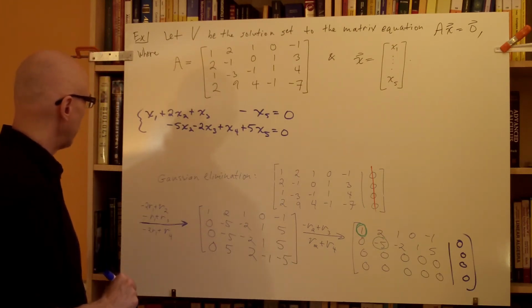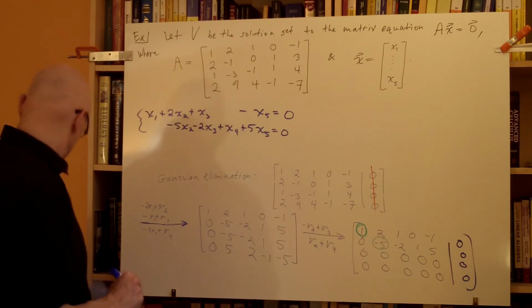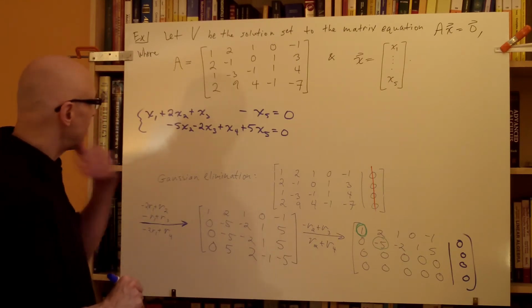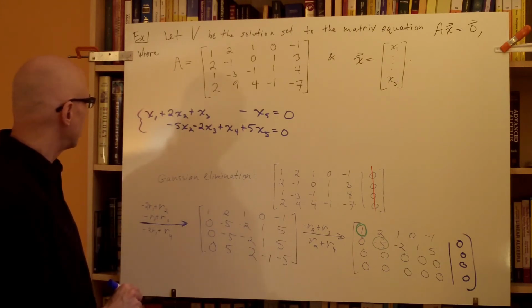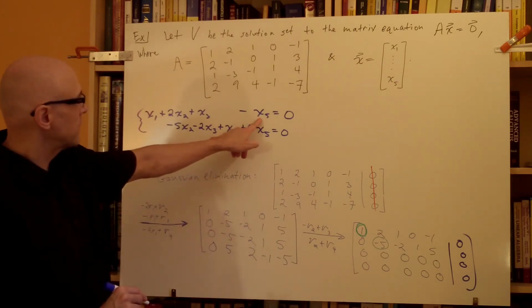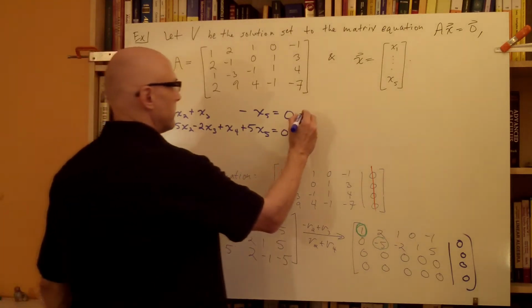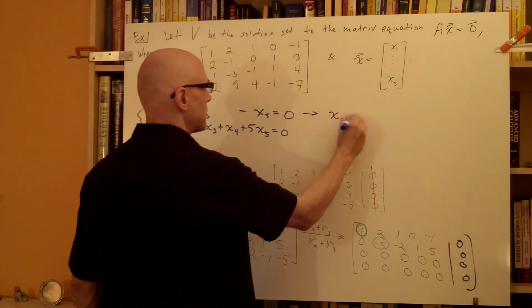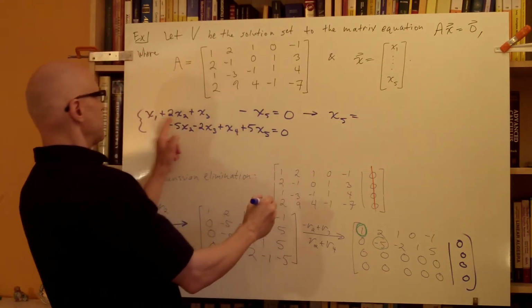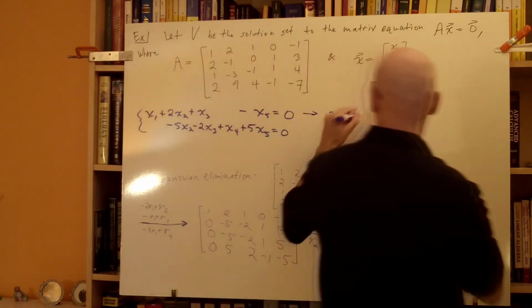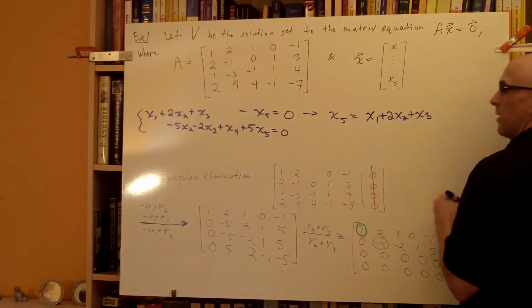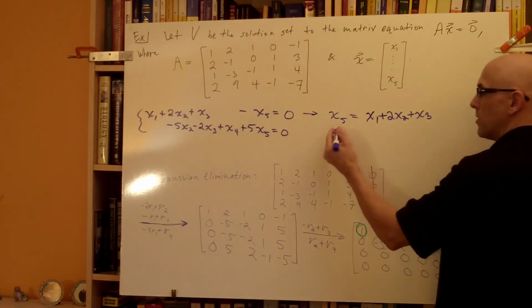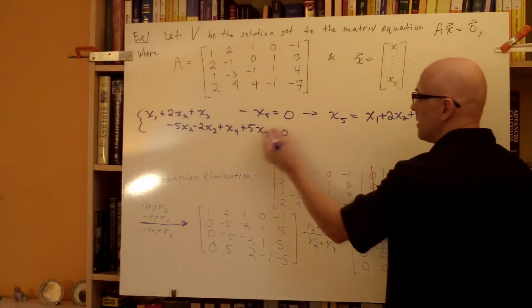Now what do we do? Well, get one of these variables in terms of the others. There's some low-hanging fruit, like here, this one shows us that x5 is just equal to x1 plus 2x2 plus x3. Okay, and then you can put that in there.